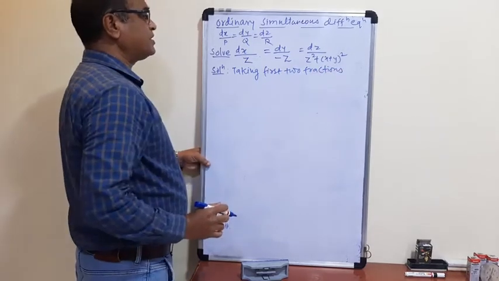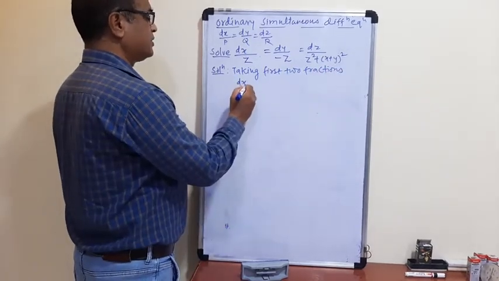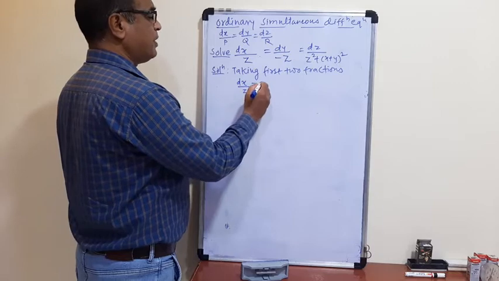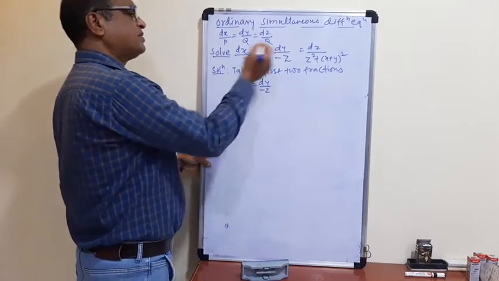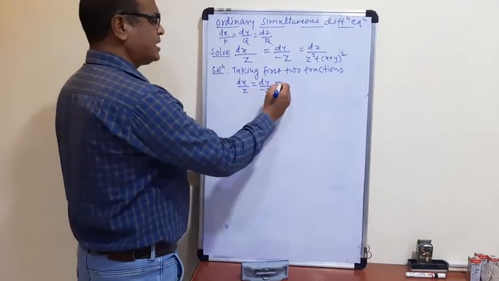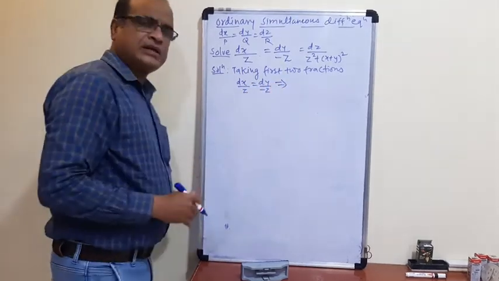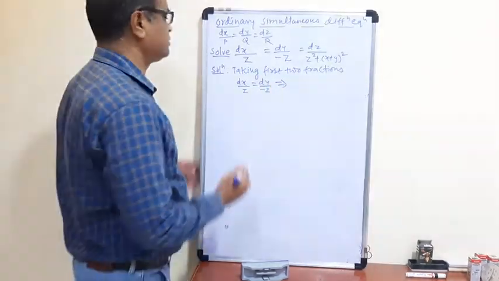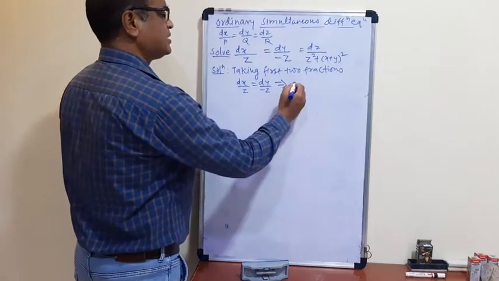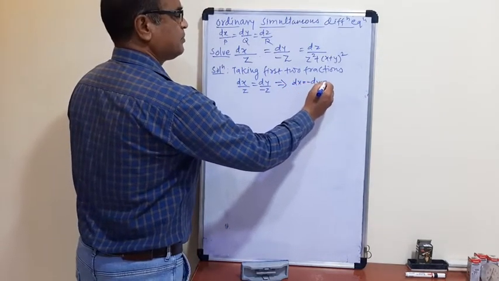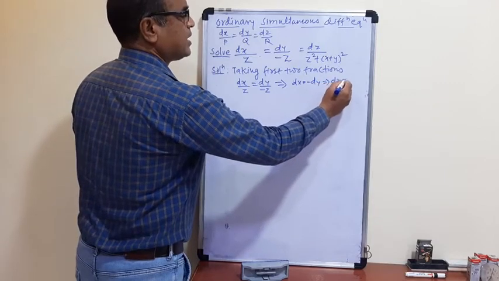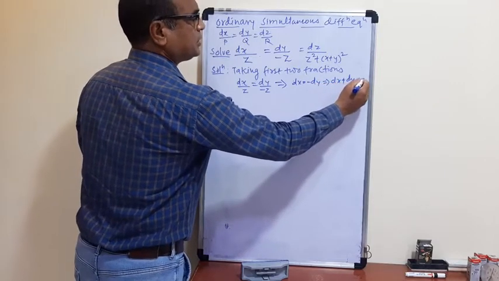So what are the fractions here? dx upon z is equal to dy upon minus z. Okay, this fraction and this fraction. So this implies that the z variable is cancelled, absent. So that is dx is equal to minus dy. So this implies that dx plus dy is equal to 0.